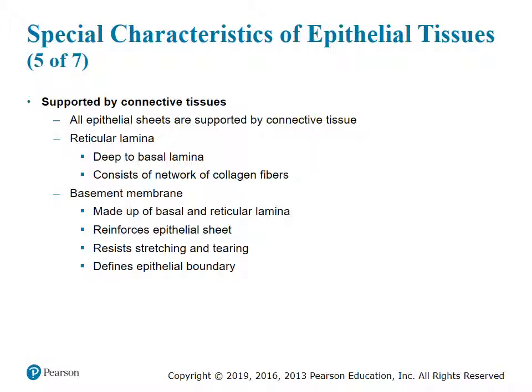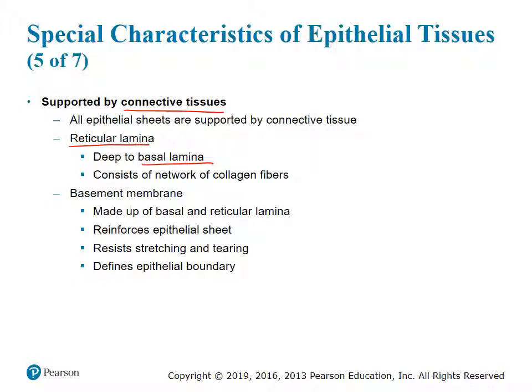So we just discussed this, right? Supported by connective tissue, which means the underlying tissue below the epithelial tissue layer is supported by connective tissue. Below the basal lamina, we have a collection of those cells that we call the reticular lamina.